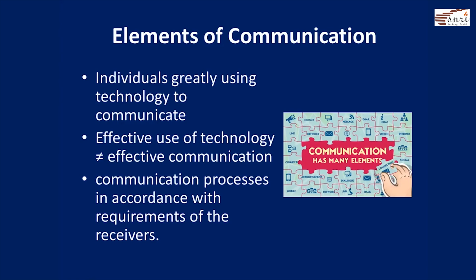Now, there are many elements which play a part in the process of communication, but there are five main elements that we will be looking at in today's episode. And these are the basic elements which help us in the process of communicating with one another.